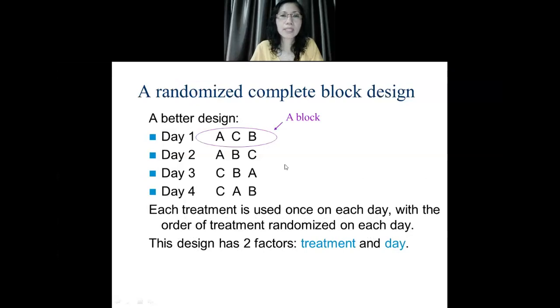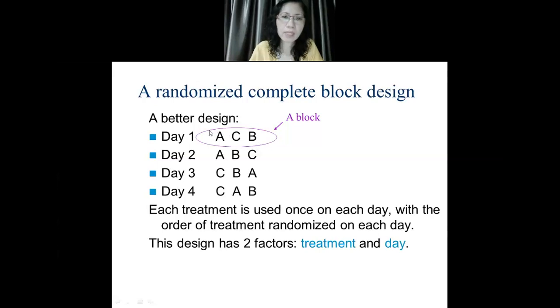So the better way is to use a randomized complete block design, whereby each treatment appears on each day. Say we have 3 treatments, A, B, C. So each treatment appears once a day.